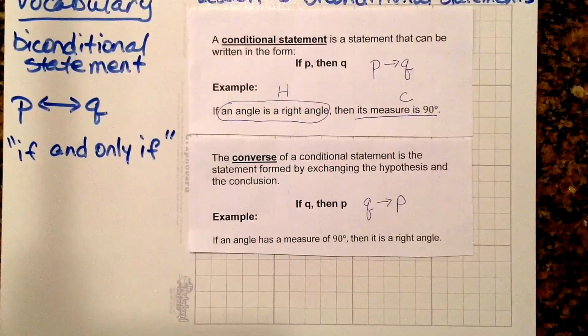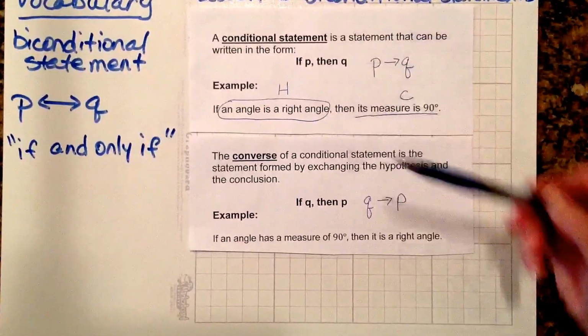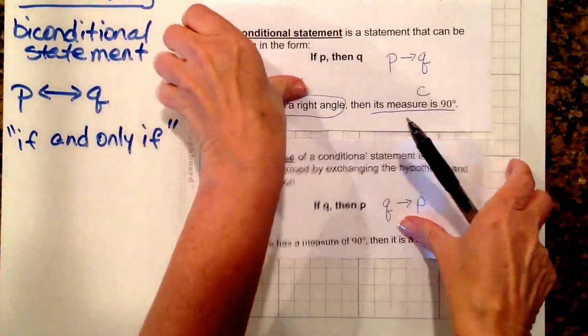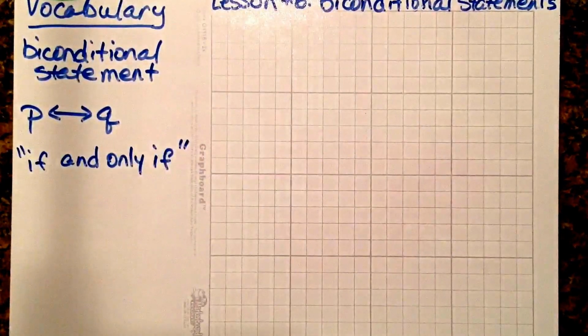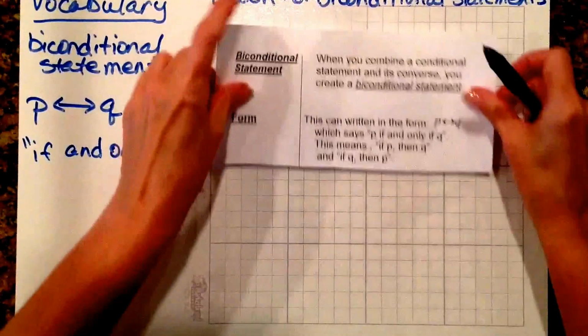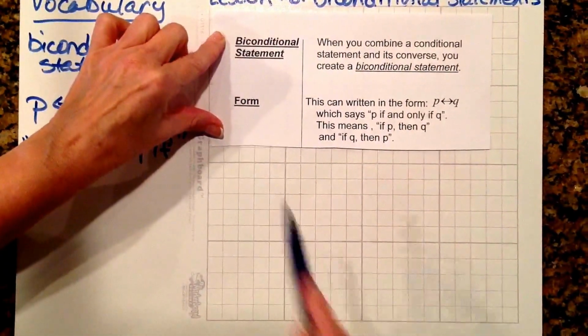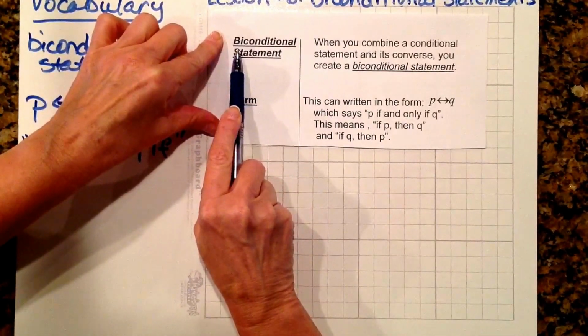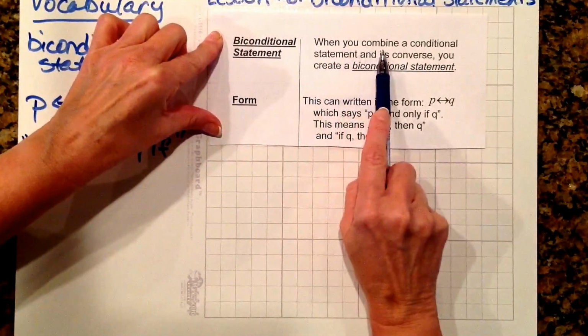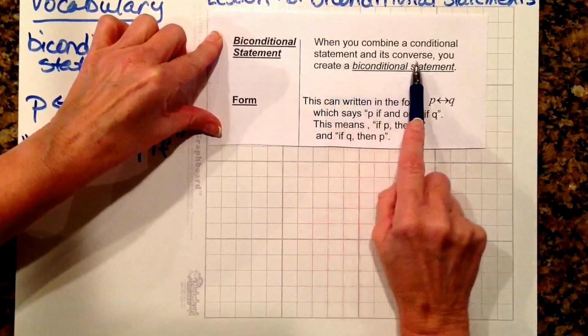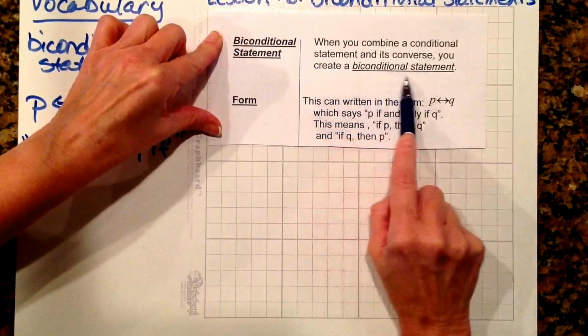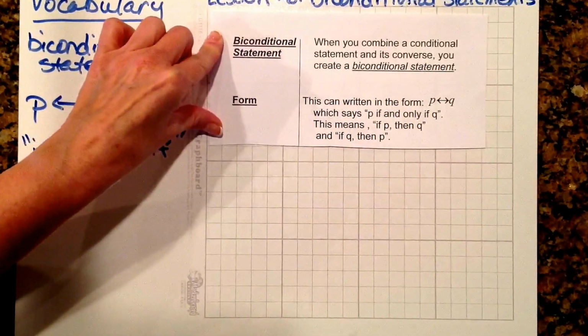So now that we've gotten down the conditional statement and its converse, let's go to the third one, which is called the biconditional statement. A biconditional statement, remember bi means two, is when you combine a conditional statement and its converse. Then you create a biconditional statement.